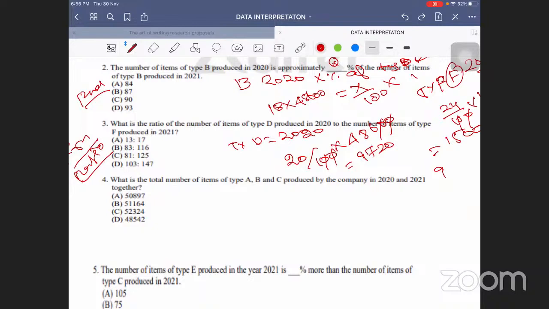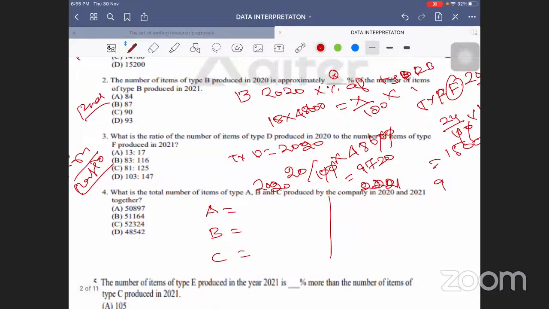So they're asking for the total number of type A, B, C produced by the company in 2020 and 2021. Just write separately for A, B, and C.